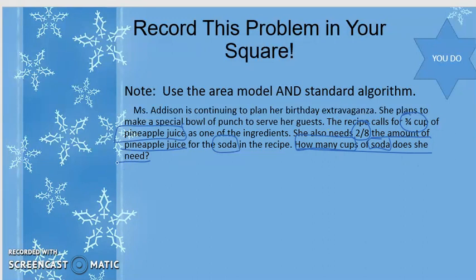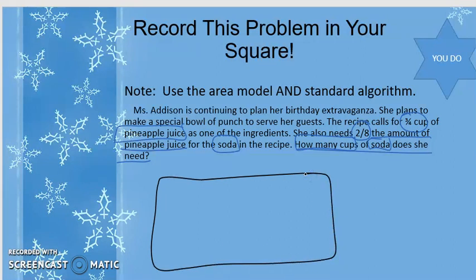So what you needed to do is make your rectangle for your area model. And we know we have 3/4 cups of the pineapple juice. We want 2/8 of that pineapple, or 2/8 of the punch, or 2/8 of the amount of pineapple juice, to be soda for the recipe.